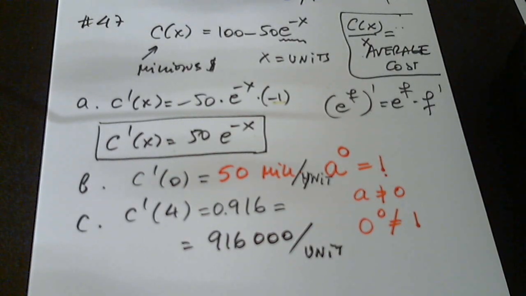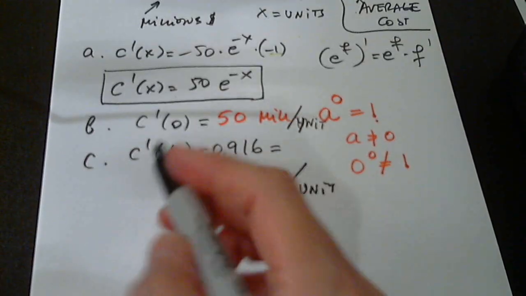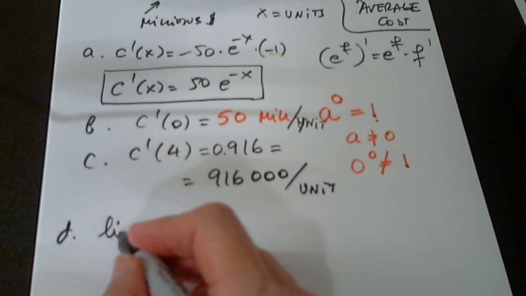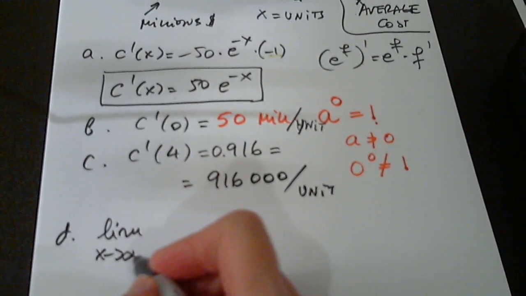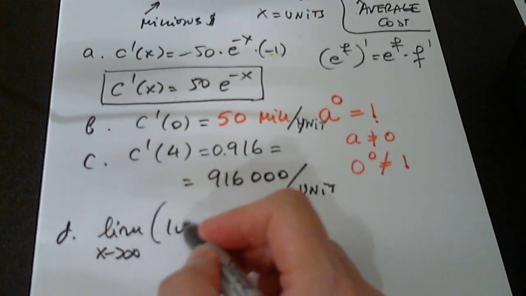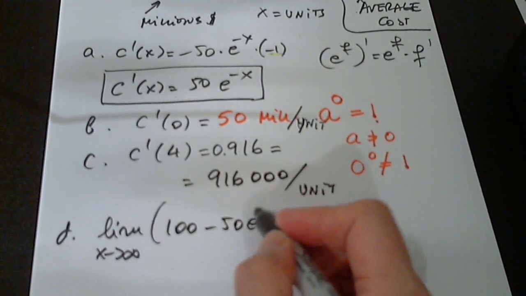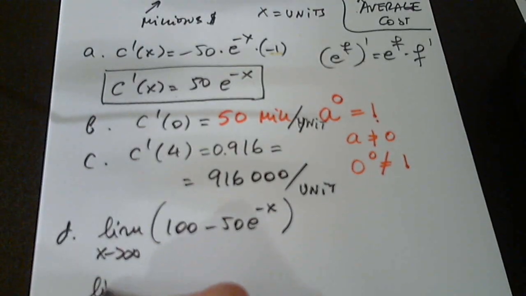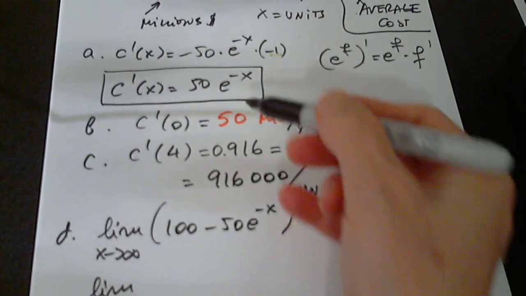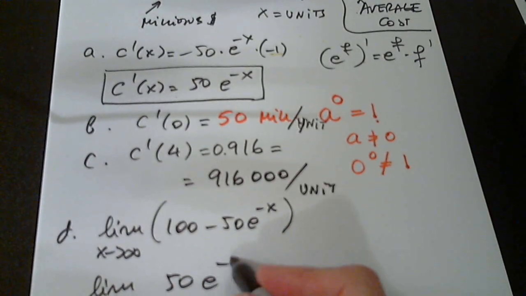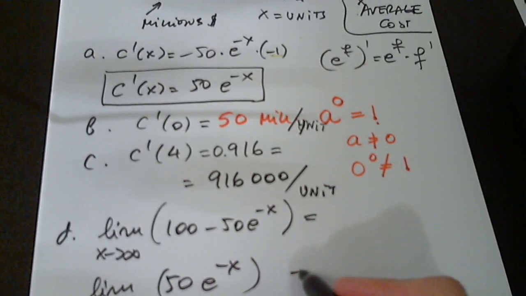Okay, and part D, I think there is one. Yes. Find the limit as x approaches infinity of c of x and then of c prime. So let's take a look. This is D. Limit as x approaches infinity of c of x, which is 100 minus 50 e to negative x, and then the other one as x approaches infinity of this one, e to negative x. Perfect.